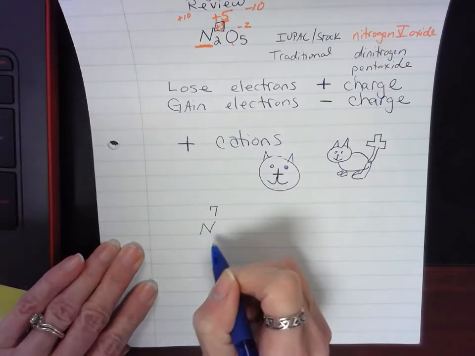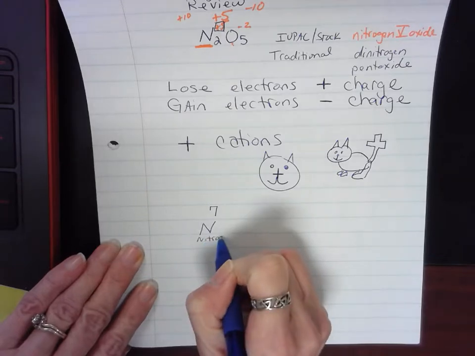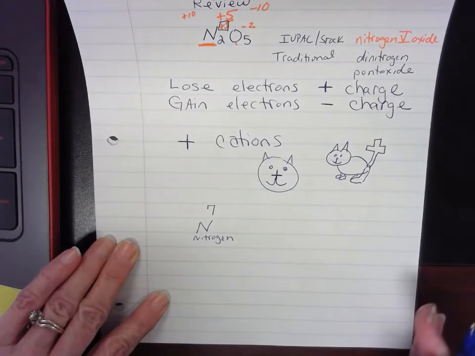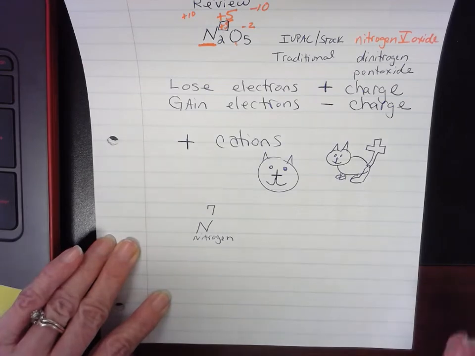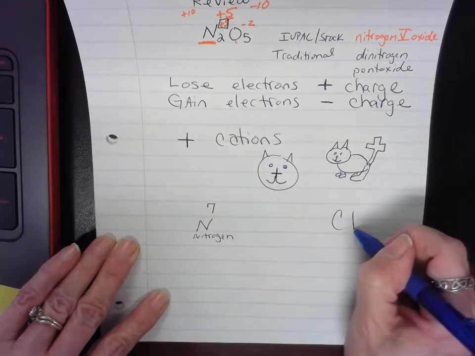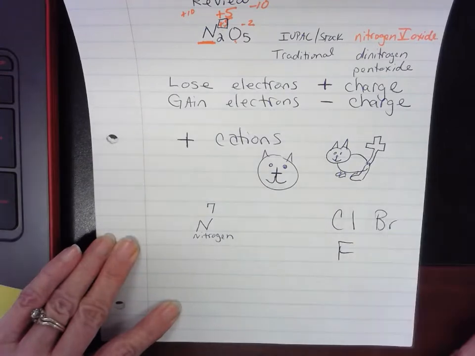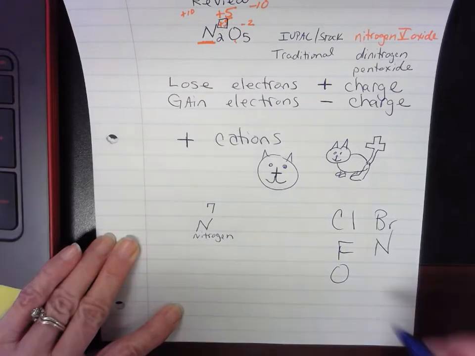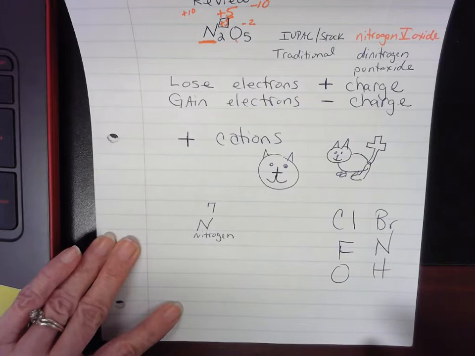This is nitrogen. And y'all, the ones that we use all the time, like nitrogen, chlorine, fluorine, you should be able to know that chlorine is Cl, fluorine is F, bromine is Br, nitrogen is N, oxygen O, hydrogen H. You should know that we've done those so many times, there shouldn't be any surprises there.